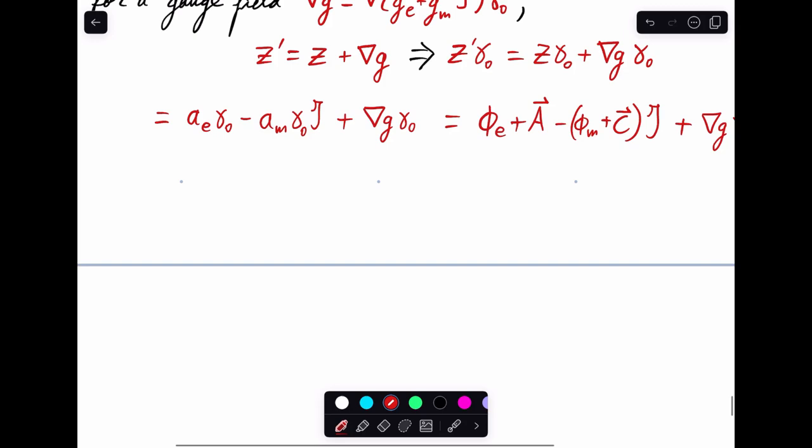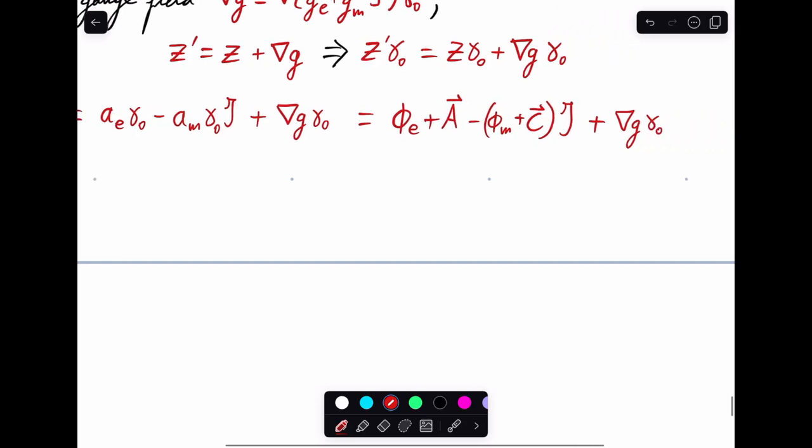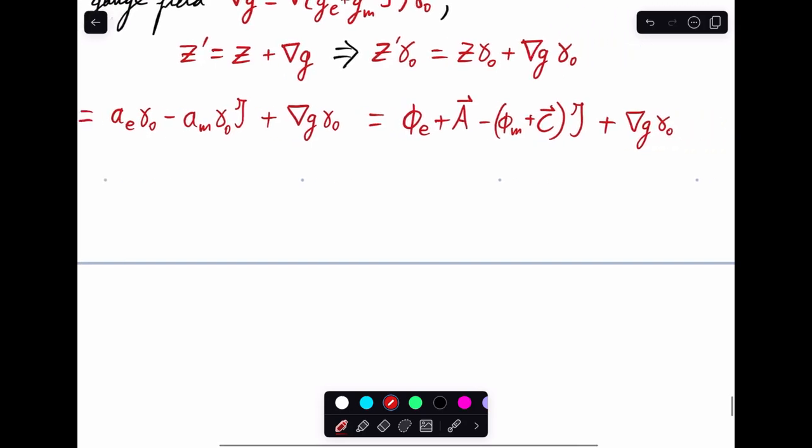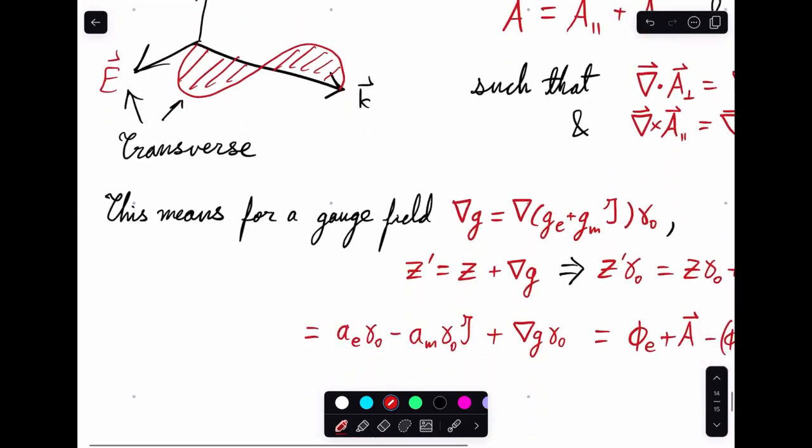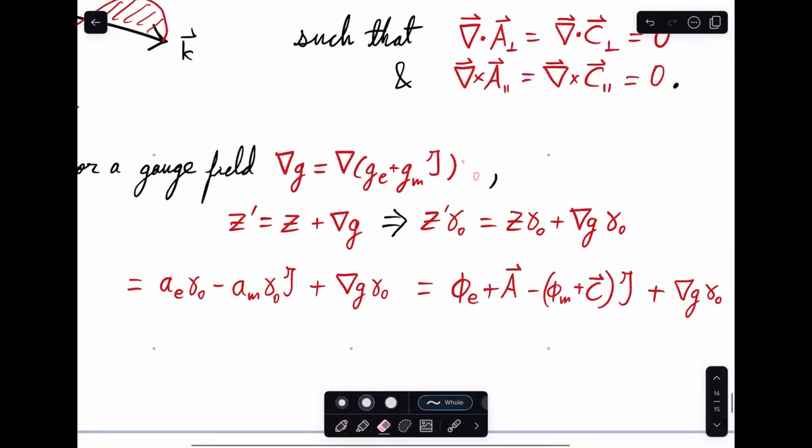Okay, so I think before I made this assumption that this is a complex vector, but it's not. This is just a complex scalar. My bad.